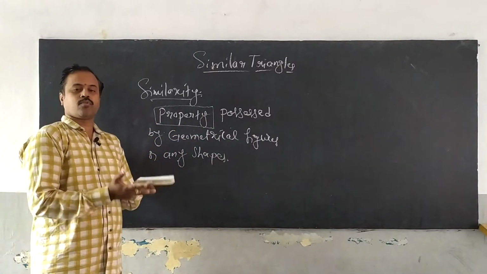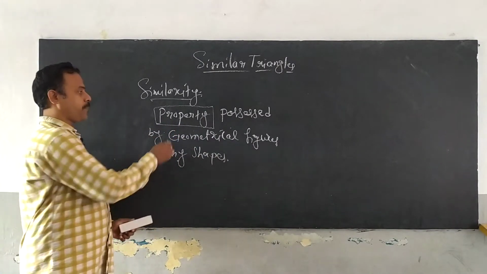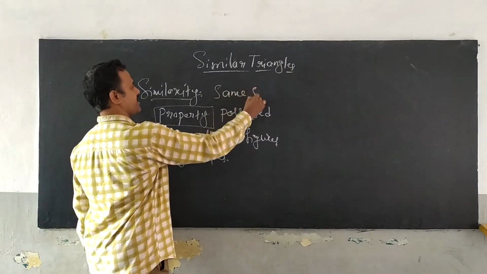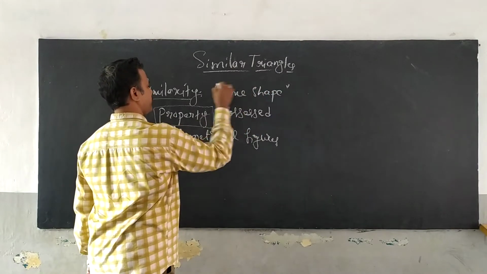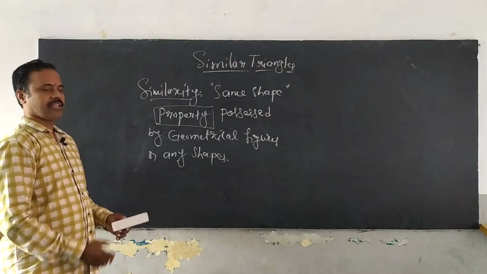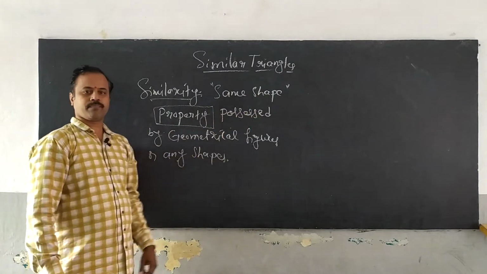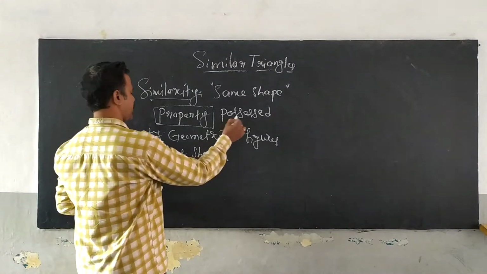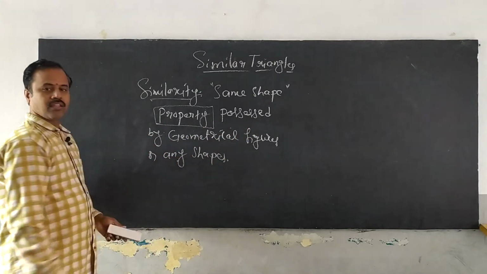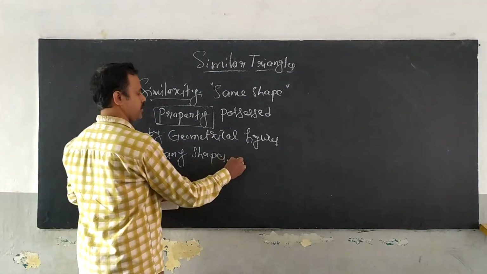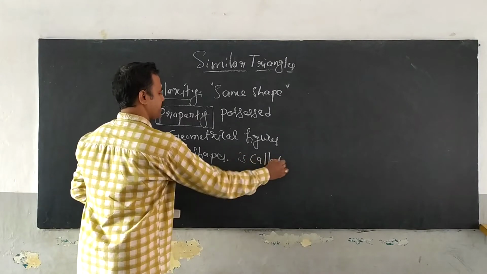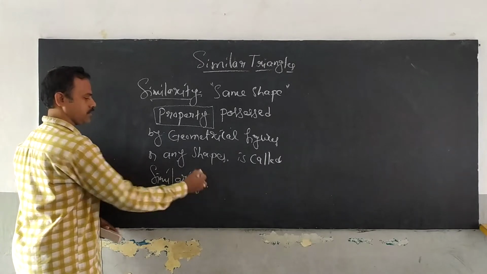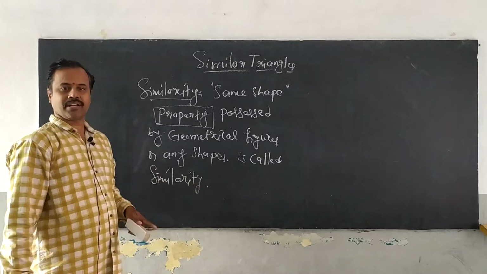What property is it that is possessed? The property here is same shape. So same shape is the property possessed by geometrical figures or any shapes, and this property is called similarity.